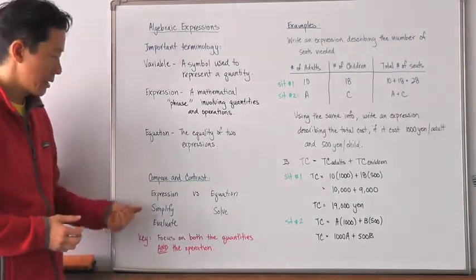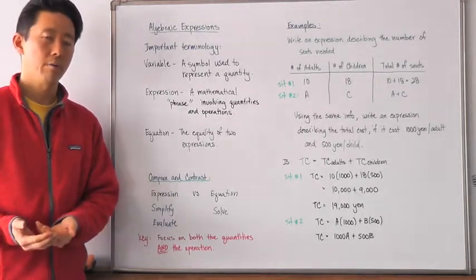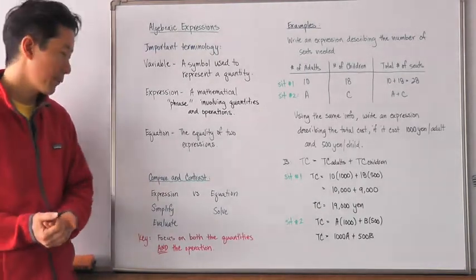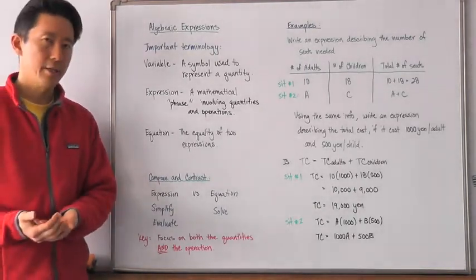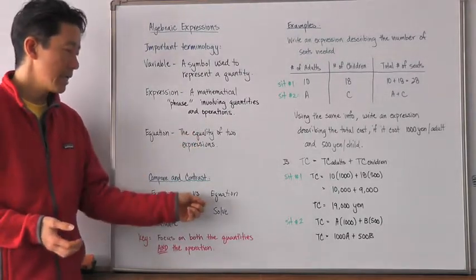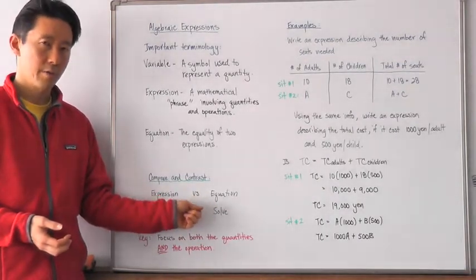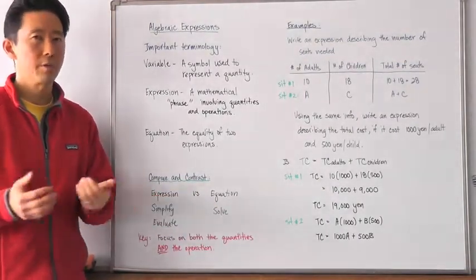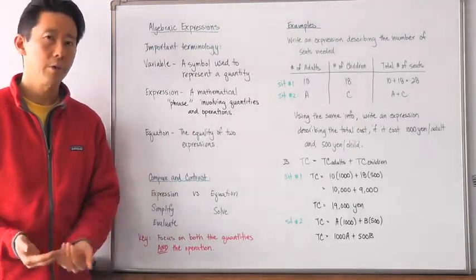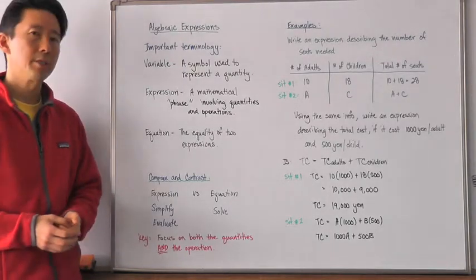With expressions, you simplify the expression, or you evaluate what that expression is actually going to come out to as a single quantity. On the other hand, an equation, which is an equality of two expressions, you're actually trying to solve. You're trying to solve the equation, or in other words, you're trying to solve for a particular variable in the equation.